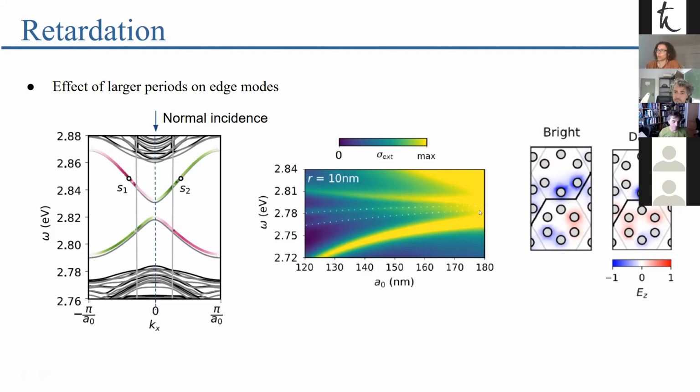What can be seen is that for some values of the period, everything is lost by radiative broadening and shifting of the bulk bands, and so we basically lose the physics of the edge states. So, as in the SSH model, if one wants to realize these topological phases with dipoles only, it is necessary to work with shorter periods.